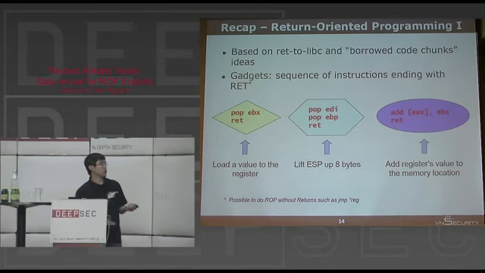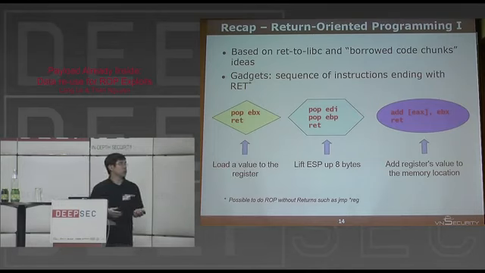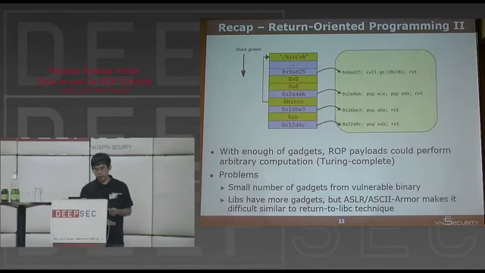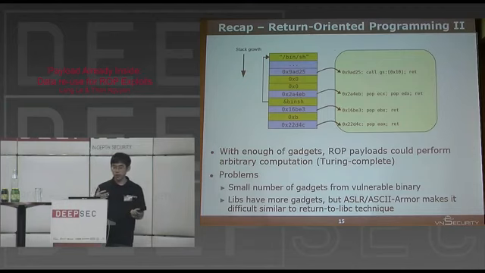Or, for example, you can leave 8 bytes from the stack pointer, or add some value into a memory location. These things are called gadgets in terms of ROP. With ROP, we always say that with enough gadgets, we can do Turing complete, arbitrary computation.